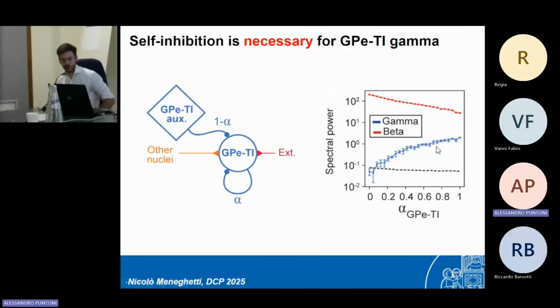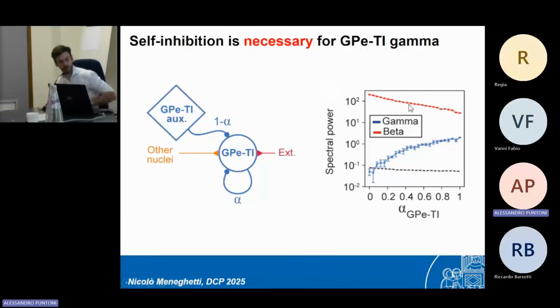And as we constantly decrease the strength of this loop, eventually we killed the gamma oscillation because it falls below the threshold of statistical significance. And very interestingly, we found instead that beta increases, as we have already seen in the previous slide. So gamma oscillations need self-inhibition in the globus pallidus. And interestingly, self-inhibition is counteractive with the beta oscillation, because when we remove it, we also observe an increase in the power.